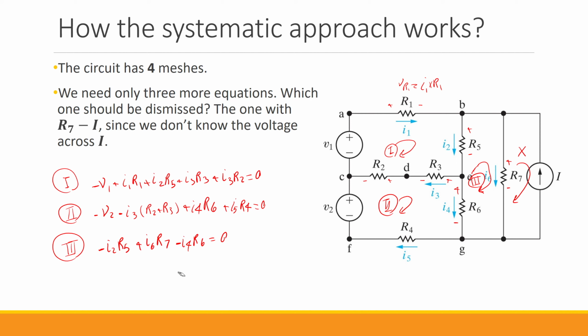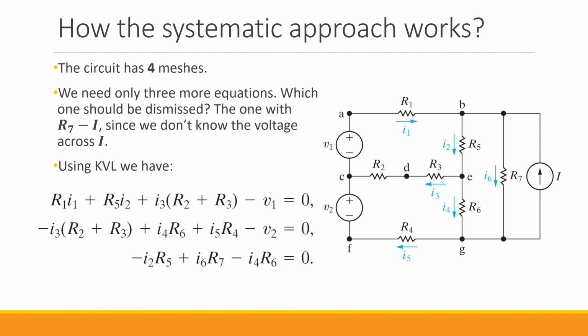We had 3 equations from the application of KCL onto the essential nodes. Now we have 3 equations for the application of KVL onto the meshes. So out of the 6 equations that we required, we now have all of them. So now we can use the concept from linear algebra to solve those equations.